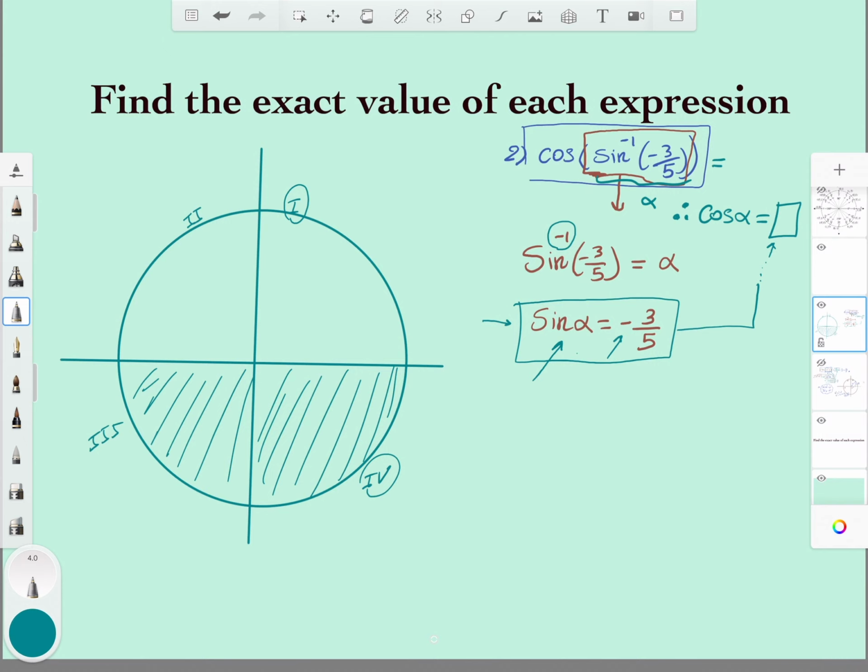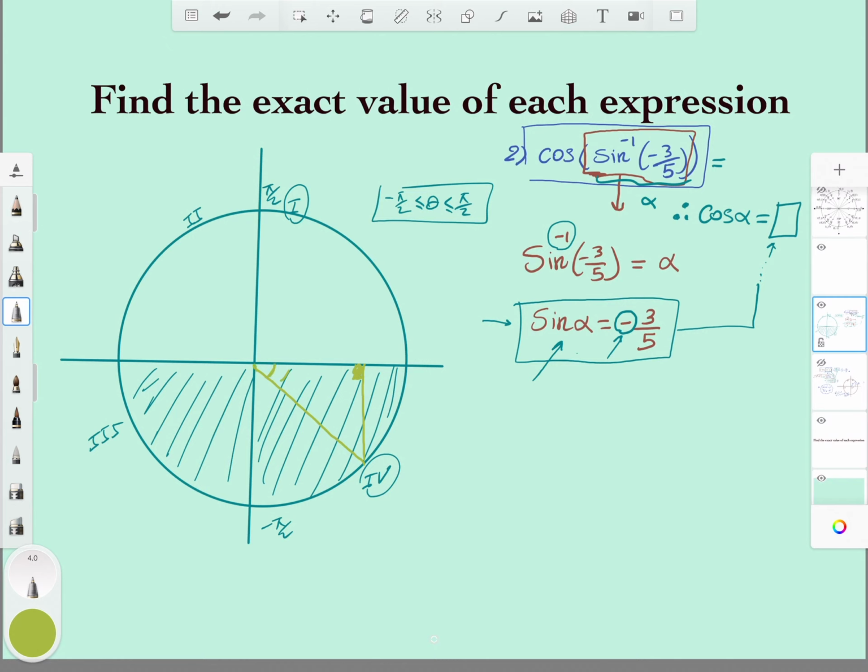We learned that sine has an inverse function when theta is between negative pi half and pi half. So this is pi half, that's negative pi half. Because sine of alpha is negative and sine inverse is between quadrants 1 and 4, we make a triangle in quadrant 4. So this is my triangle.